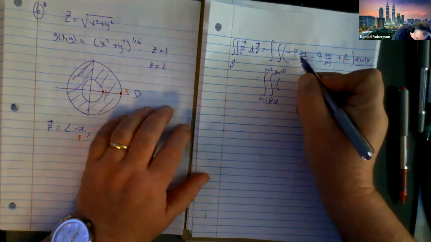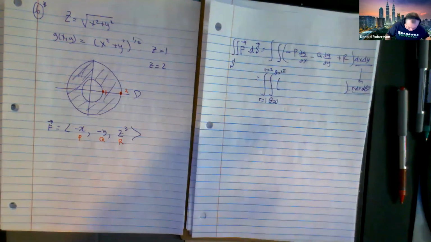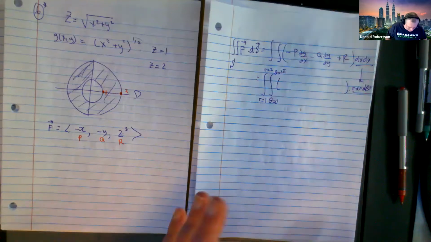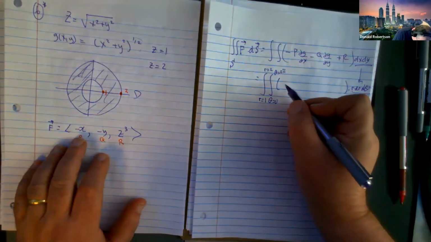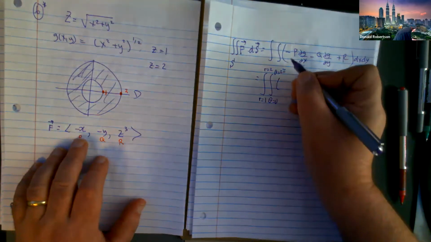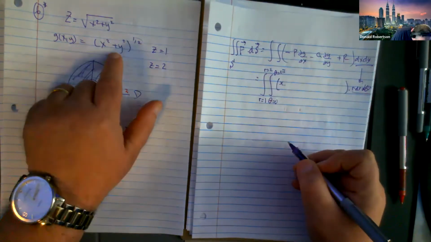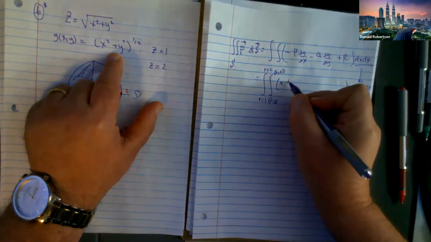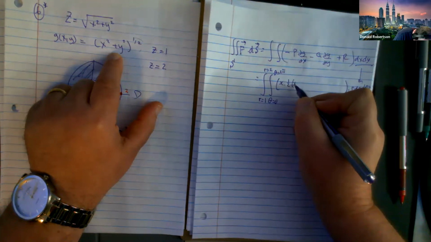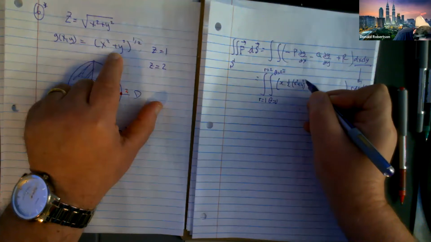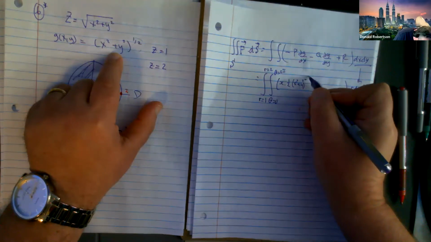Now, I'm going to keep these as x's and y's until we see what we're going to get. So this is going to be a right mess. The negative of p is just x. And if you differentiate this with respect to x, you get 1/2 (x squared plus y squared) to the negative 1/2.